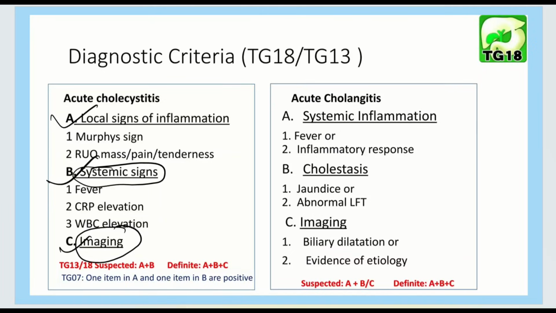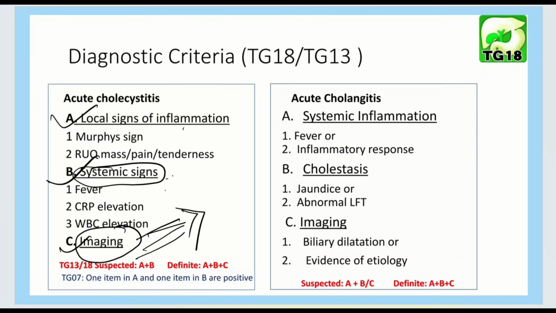Out of these conditions, if A plus B is present, then we call it a suspected case of acute cholecystitis. But with A plus B, if imaging findings are also suggestive of acute cholecystitis, then we call it a definite diagnosis.